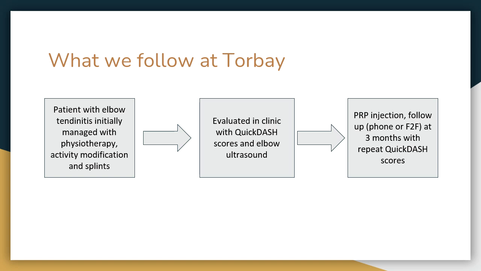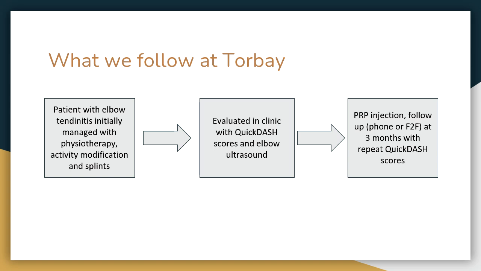If we get convincing signs of tendonitis on the ultrasound, with disorganization of the parallel tendon fibers, we then explain to the patient the benefits of PRP injection, the risk of recurrence, and the other treatment options available.